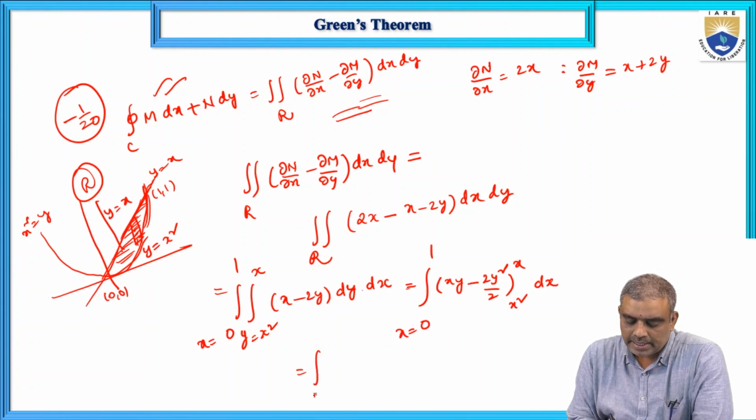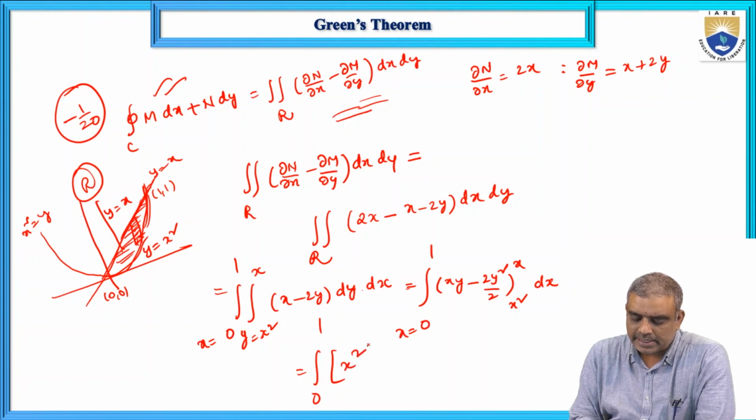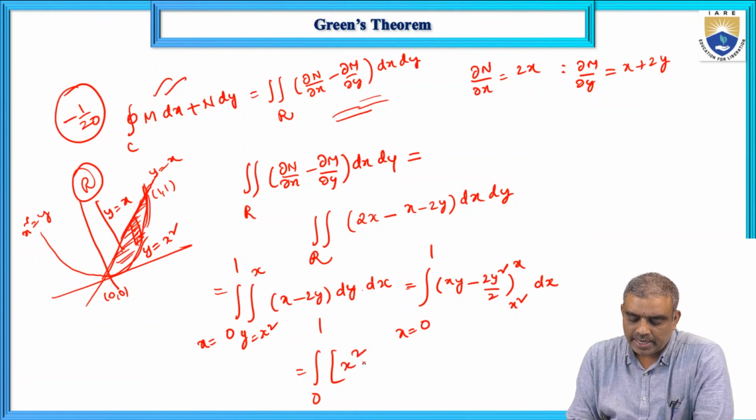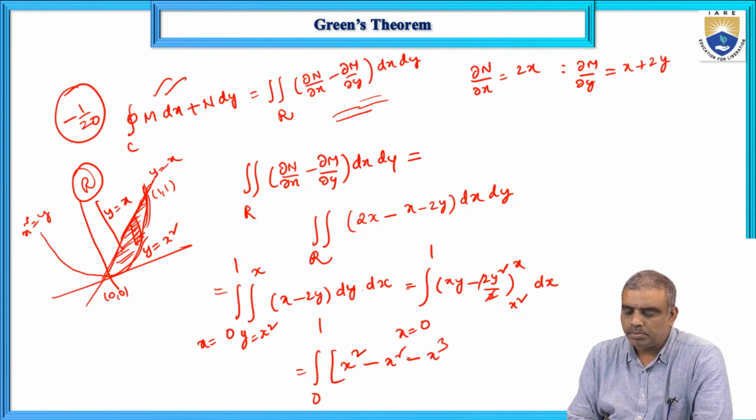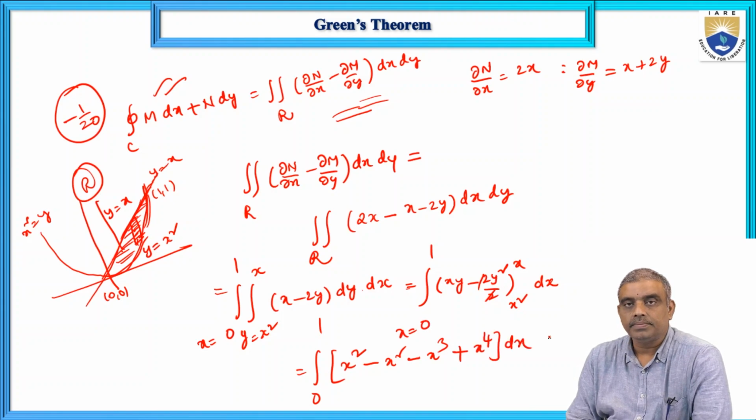So this is integral 0 to 1, x into x, that is x square, plus x, on replacing y, the 2 cancels, minus x square, and the lower limit minus x cube, minus of minus plus y, instead of y I am writing x square, so it is x power 4, dx.